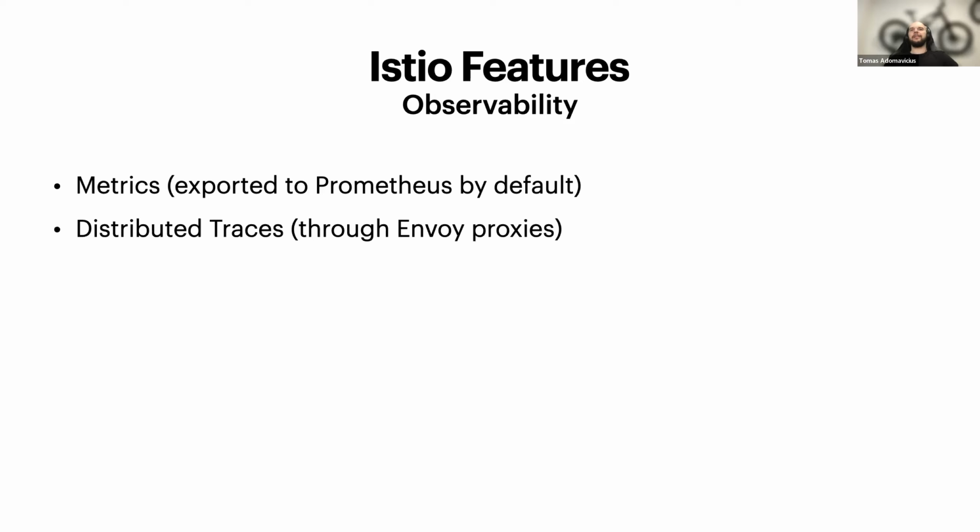It's distributed traces through Envoy proxies. Obviously, Envoy cannot look into your application and what's happening between the layers inside of it. It just can observe the traffic going in and out of your application and between different applications, since it's all proxied through the Envoy proxies, and provide your distributed traces between the applications and basically an overview on the traffic in your service mesh.